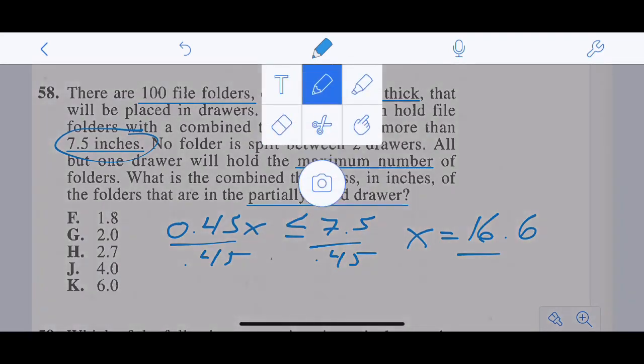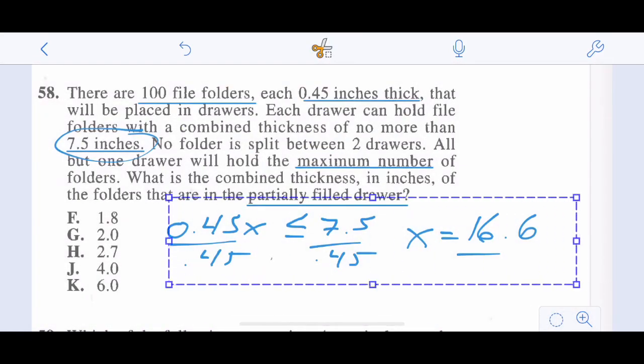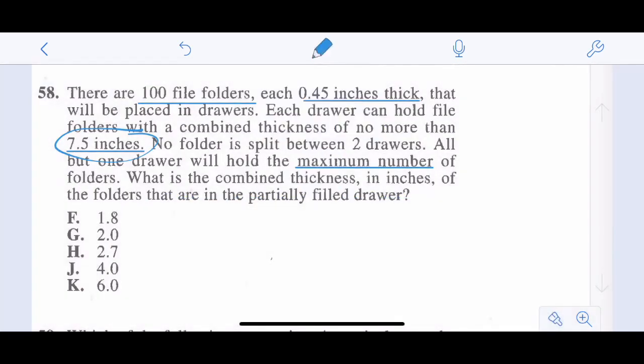Okay, so now we know that each drawer can hold 16 folders. Of 100 folders, let's divide that by 16 to see how many drawers we need. 100 divided by 16 is 6. So we have 6 drawers filled with 16 folders.